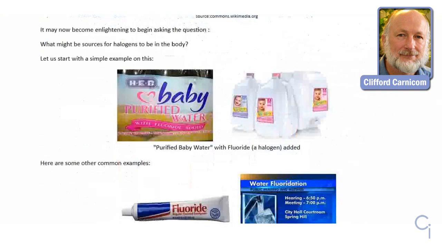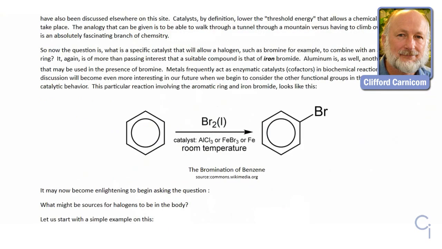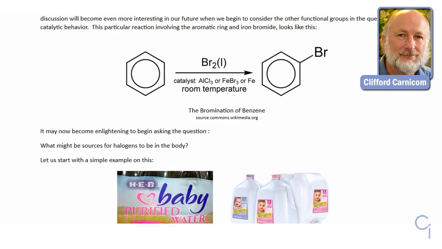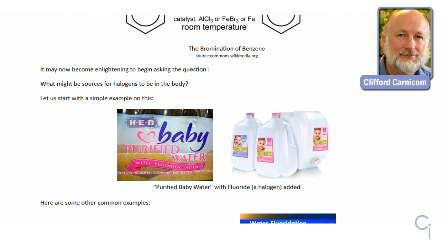Yeah, all right, and there it is, halogens. It might now become enlightening to begin asking the question, what might be sources for halogens in the body? Because I start talking about this reaction. This reaction is likely to take place. Again, it's textbook chemistry. So I say this reaction looks like it could easily take place.